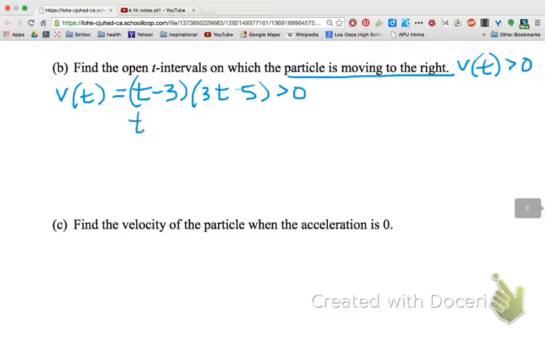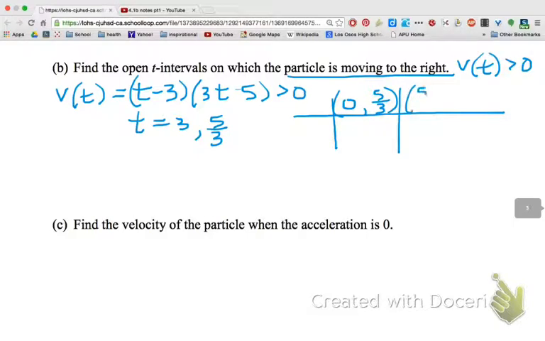And so I get, of course, if I set it equal to 0, I'll get 3 and 5/3. So I've got a test. Now remember, we were working between 0 and 5. So starting at time 0, and let's see, I believe 5/3 is smaller than 3.